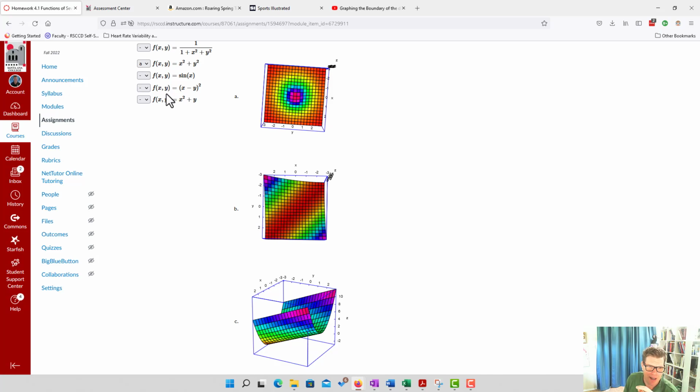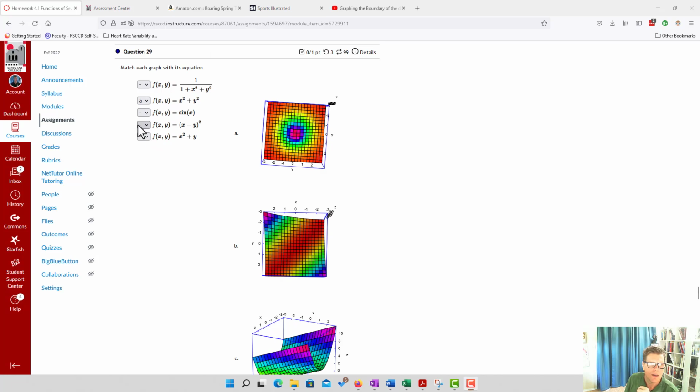And x minus y equals a constant is going to give us a set of lines. It'll give me y plus the square root of the constant equals x, and x minus the square root of the constant equals y, and hence our level curves are going to look like that. And so this one ends up being B.